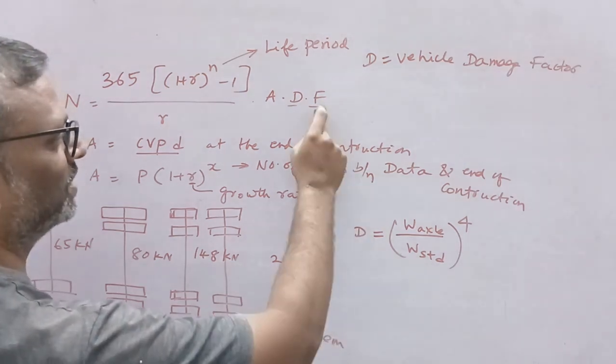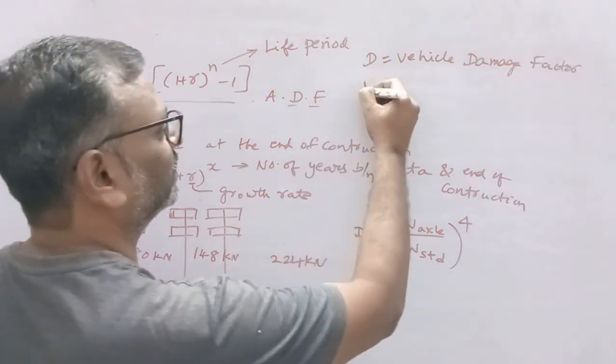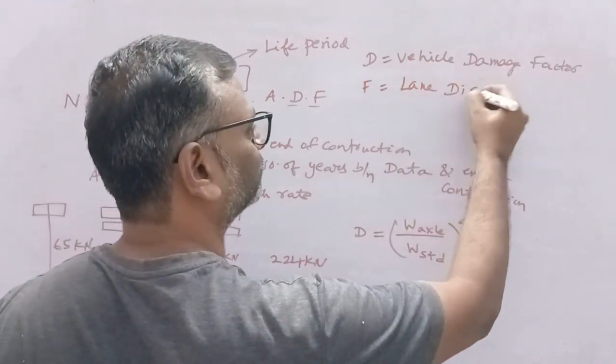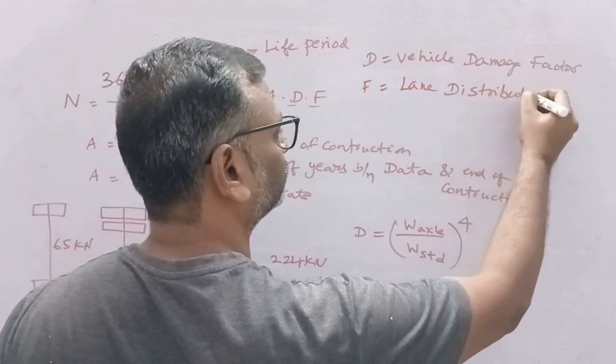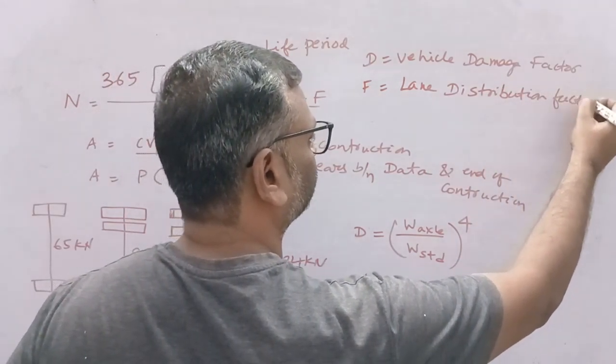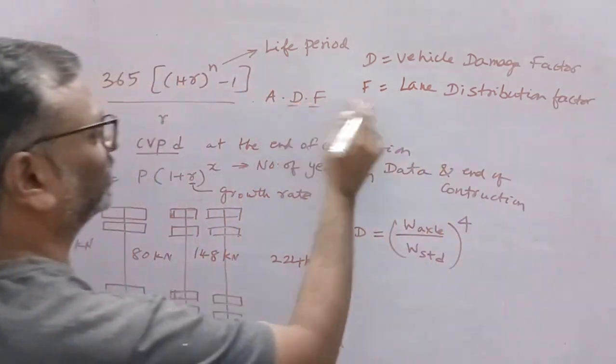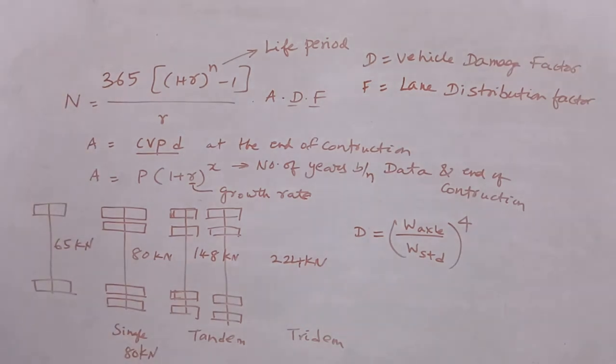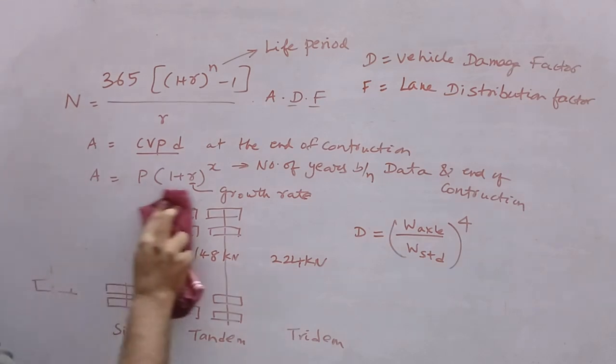And now, what is F? F is the lane distribution factor. You can call it L or whatever. So lane distribution factor, what is that? We will see what is lane distribution factor.